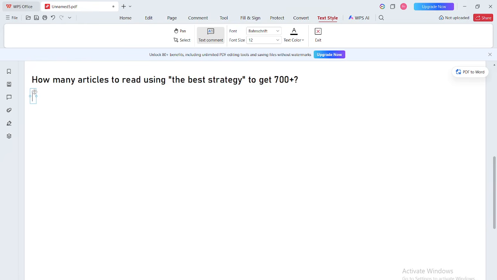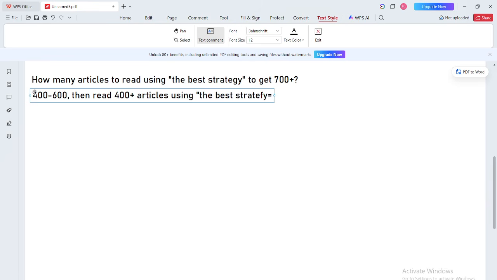If your score is about 400, 600 on reading, then read 400 plus articles. Doesn't matter their size, just 400. They must be average, their size must be a page, just one page. Then read the articles using the best strategy.